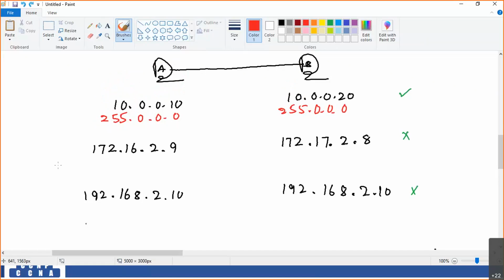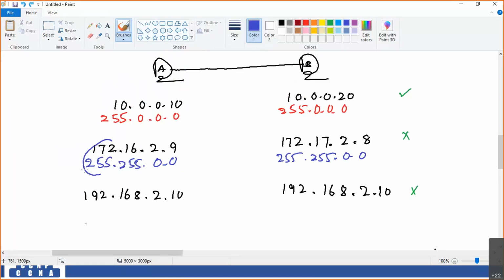Okay, guys. Now for a class B example. So class B, subnet mask please. 255.255.0.0. Now what can your PC A understand after assigning 255.255.0.0?